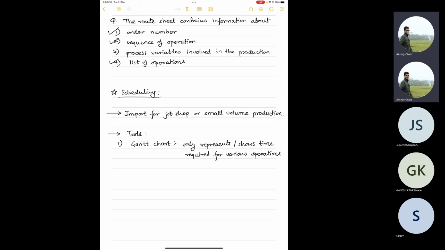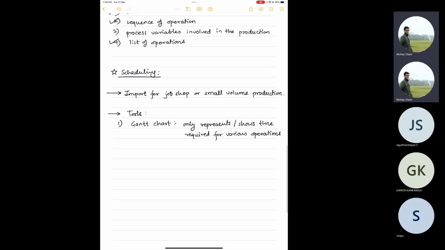So basically, it is used to monitor the progress of your production activities.